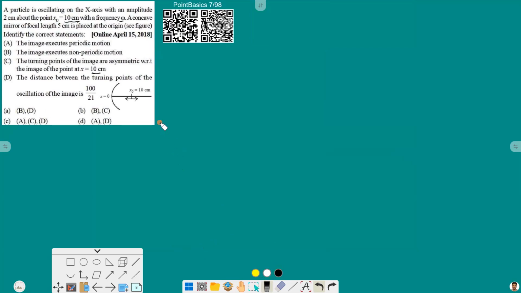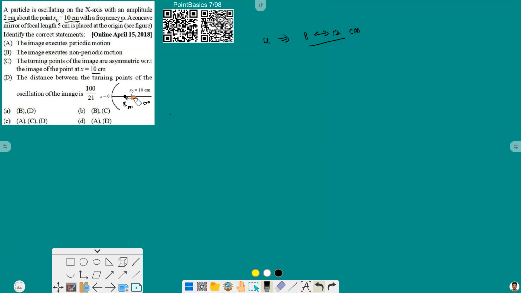As we can say here, the object is oscillating with an amplitude of 2 centimeter. So the minimum distance between object and mirror will be 8 centimeter and the maximum distance will be 12 centimeter. So u will vary between 8 to 12 centimeter.